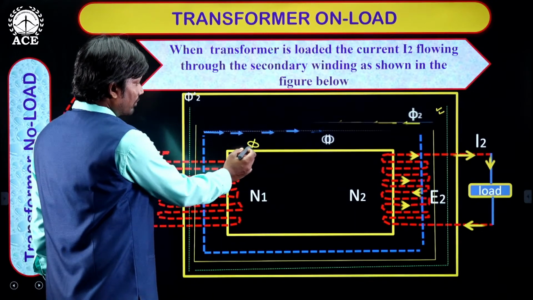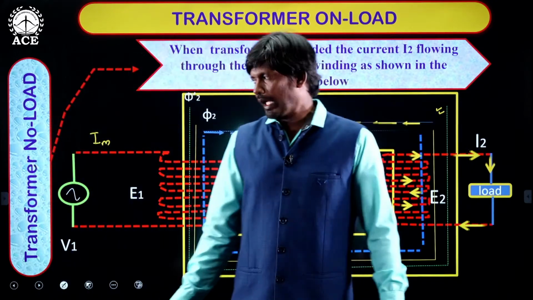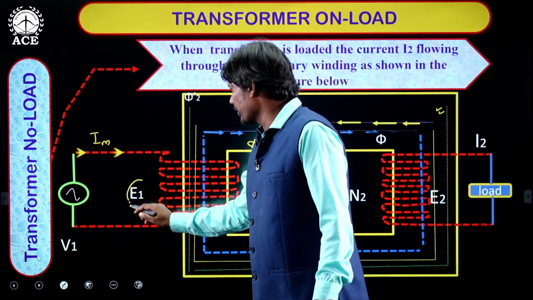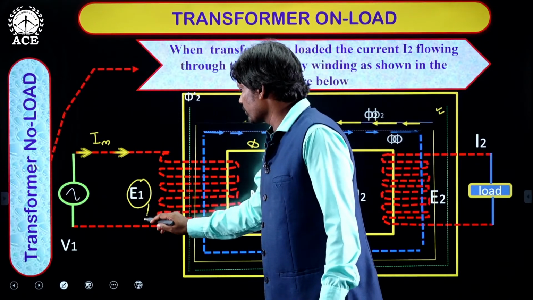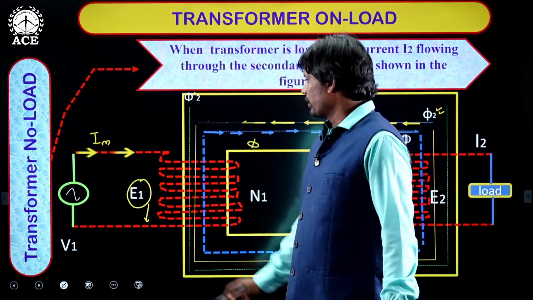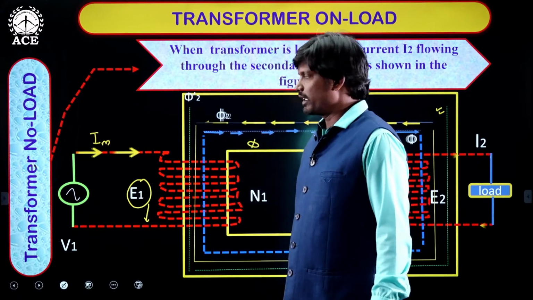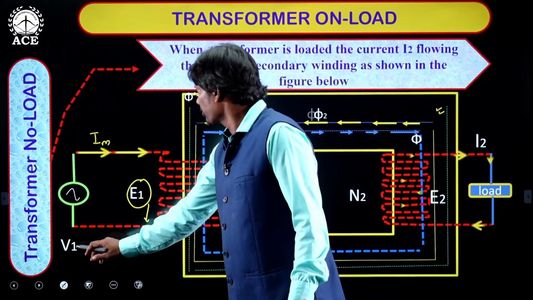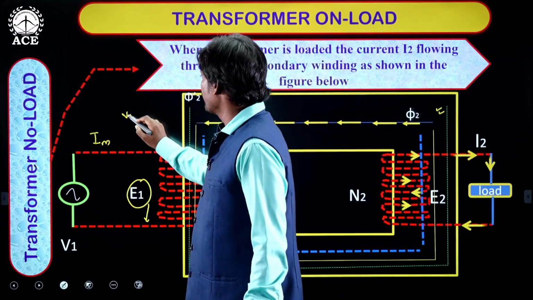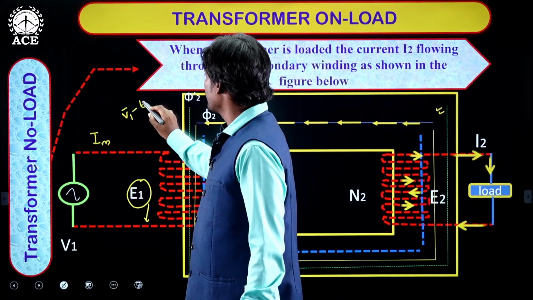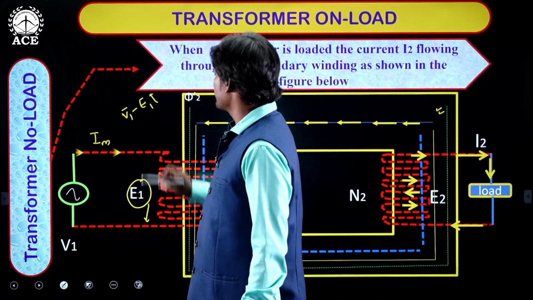When the main flux phi decreases, the primary induced EMF also decreases. When the primary induced EMF decreases, the vector difference V1 minus E1 increases.